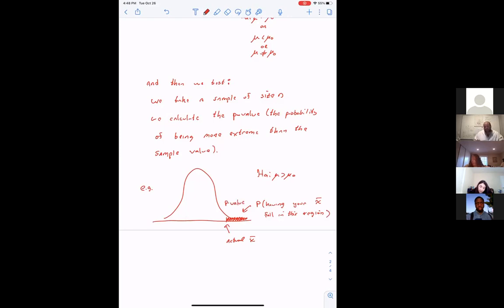And how do we calculate the p-value? Well, you have to use sigma to do that. Because you have to calculate your z-score, or your calculator will compute the z-scores. And how does your calculator compute the z-score? It takes your data value, subtracts the mean, and then divides by what?